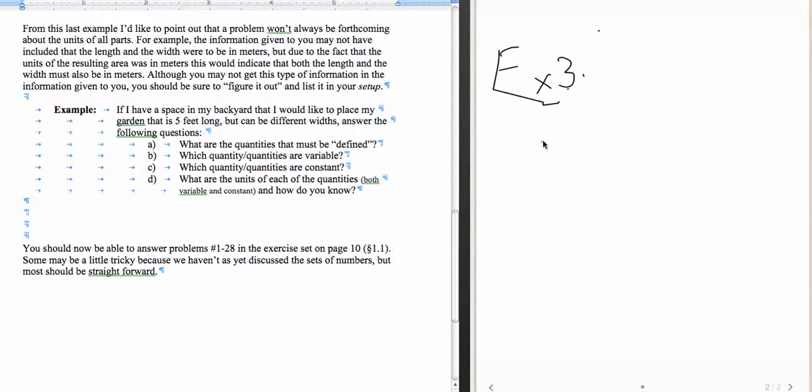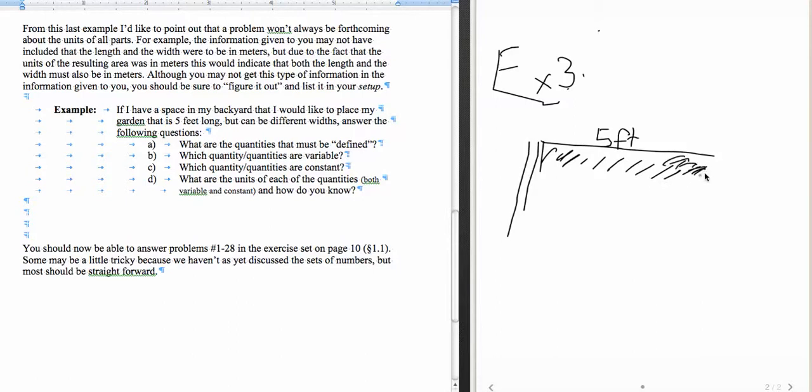So first of all, what we know is that we have a length right here, and this length right here is 5 feet. But what we know is that the garden can be this long, or it could be this long, or it could be this long. You get the point. And based upon how long it is, that would make different areas here.